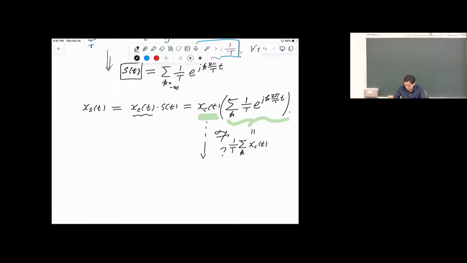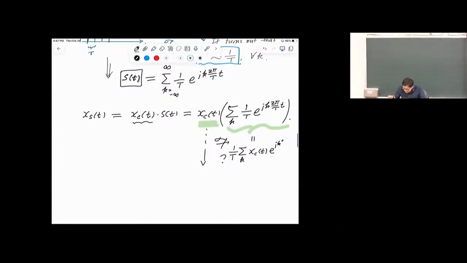The result becomes xc of t times e to the jk 2 pi divided by big T. Everything is still, at least in terms of this formulation, continuous: little t is still the continuous time variable, right?